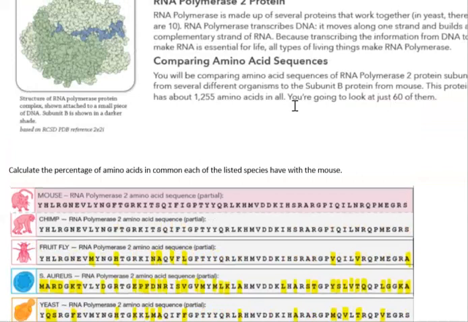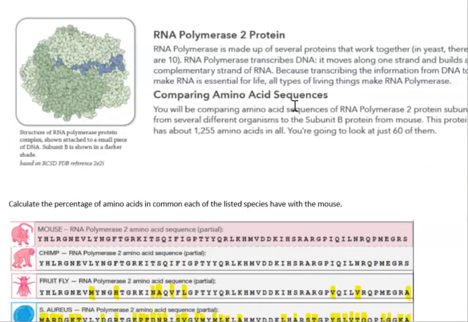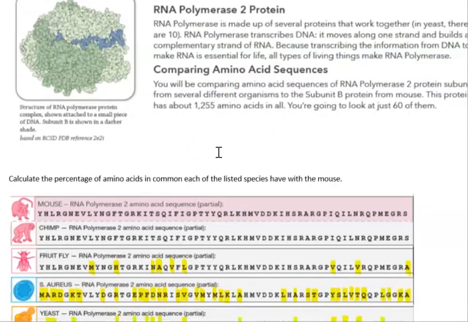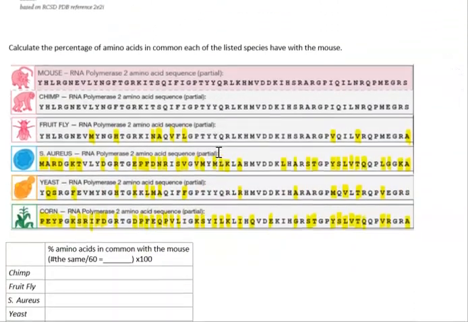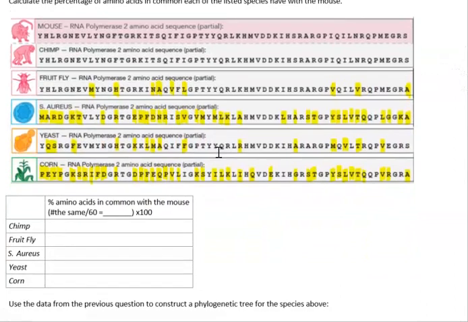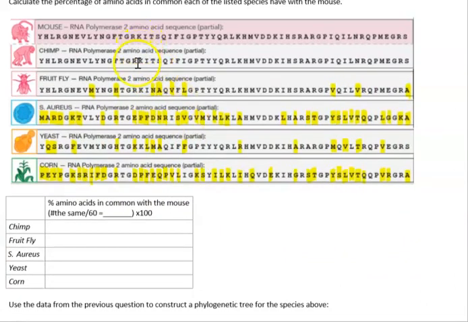It might say up in the information. There we go, it actually is in the thousands. So we are only looking at a small section of that enzyme. But this section, between a mouse and a chimpanzee, is 100% the same.